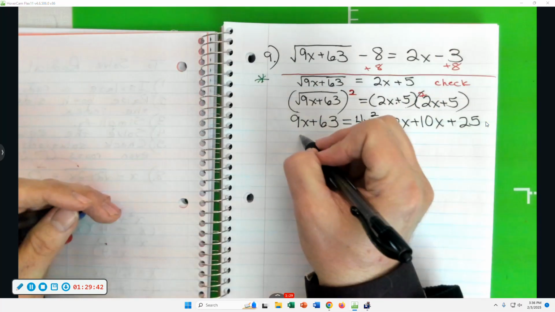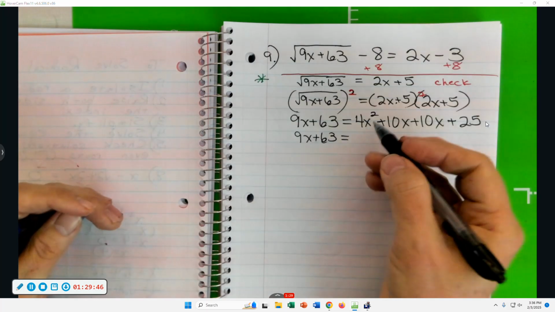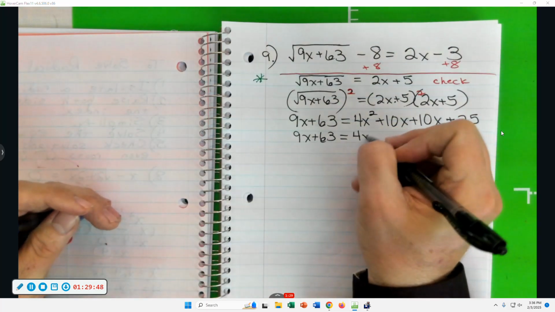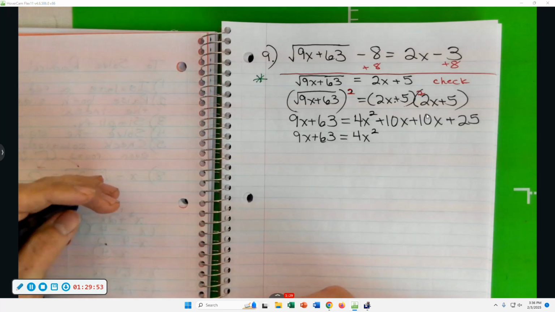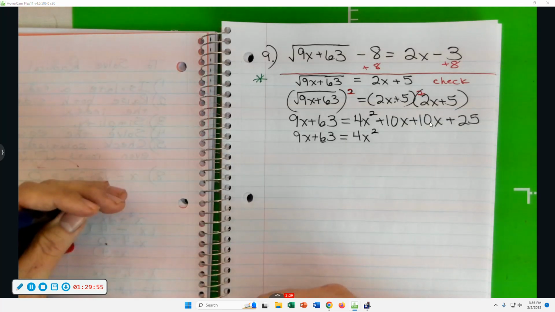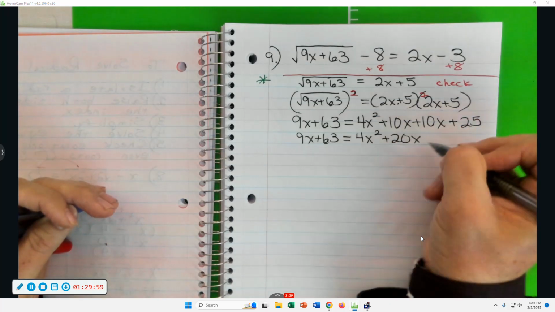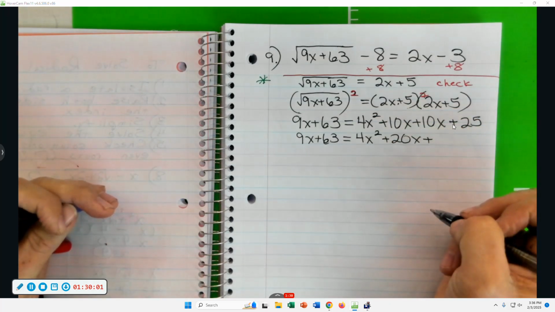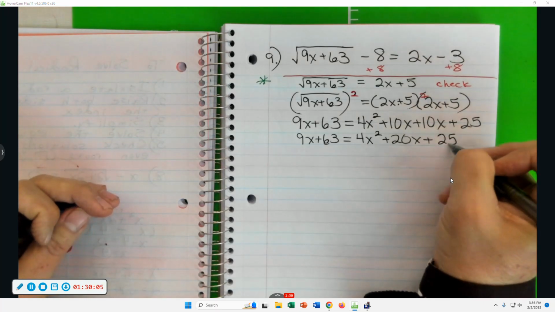So we have 9x plus 63 is equal to 4x squared. 10x plus 10x gives me a plus 20x, and I still have a plus 25.